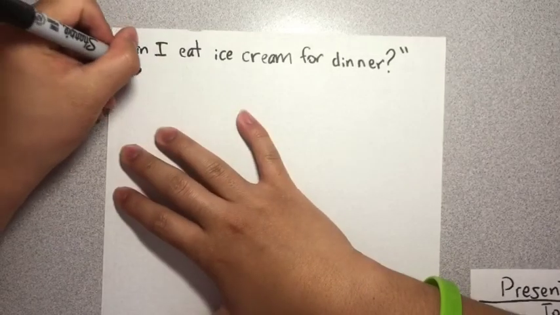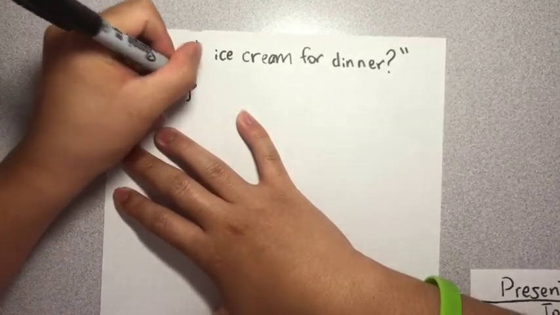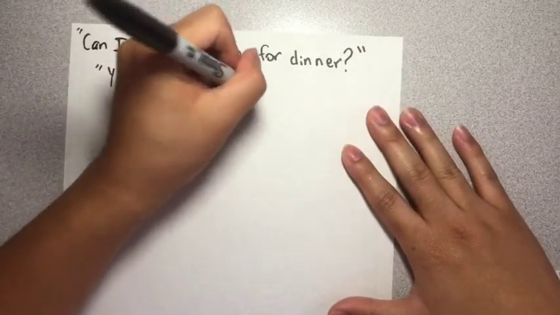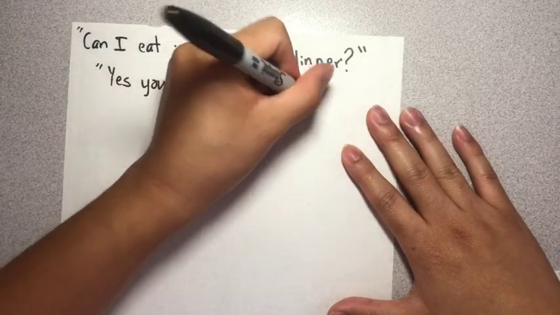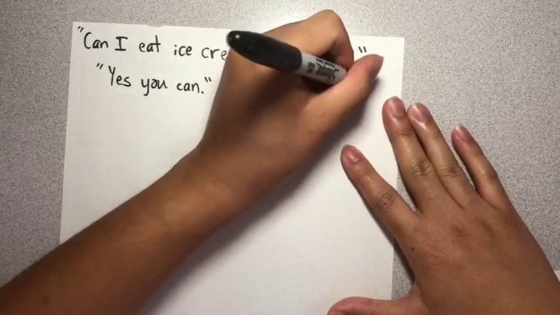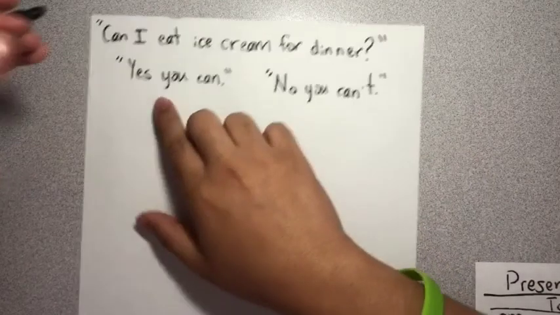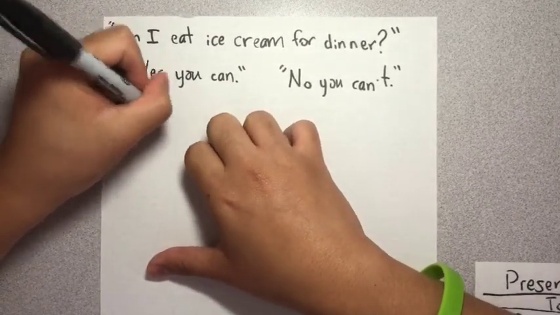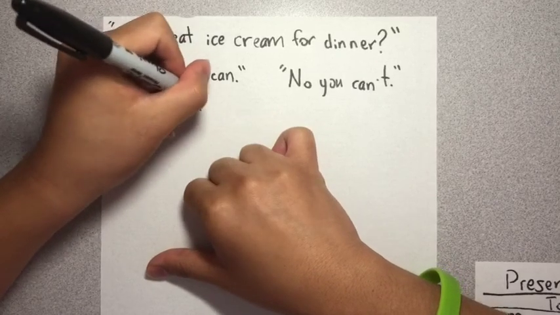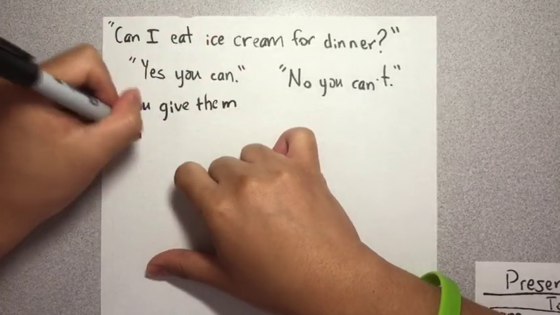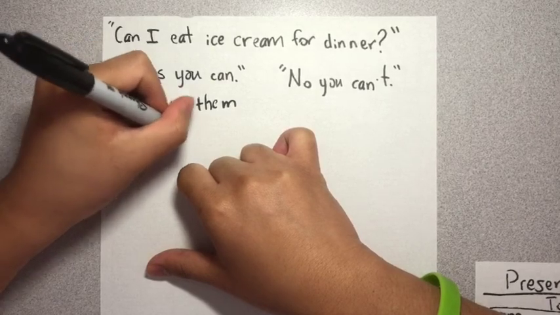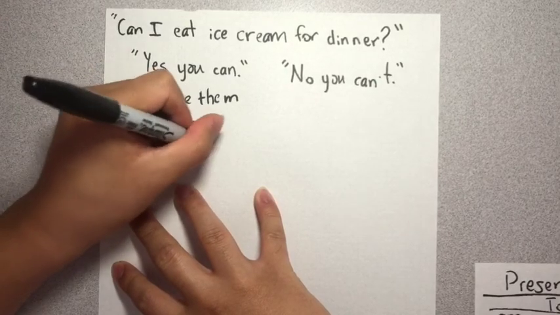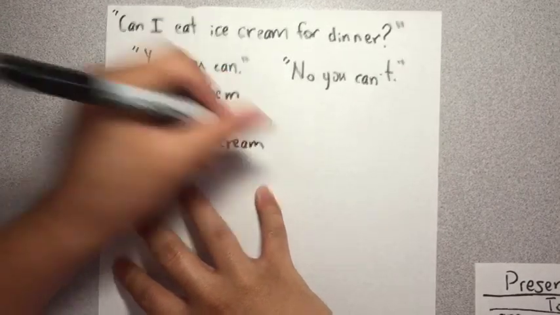You can say, yes, you can. Or you can say, no, you can't. Here, you give them permission to eat ice cream for dinner.